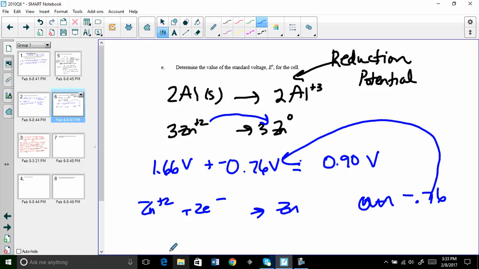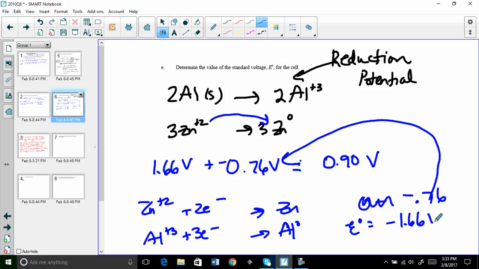And then aluminum: now remember, these are reduction potentials. But if you look up here, aluminum is oxidized because it's going from 0 to plus 3. On the sheet, it's about a third from the bottom. This reduction potential is negative 1.66 volts, but because this is reduction and this is oxidized, I have to flip it and it becomes positive.